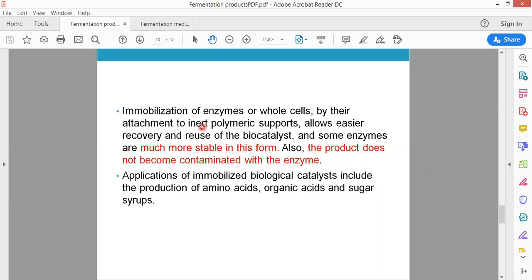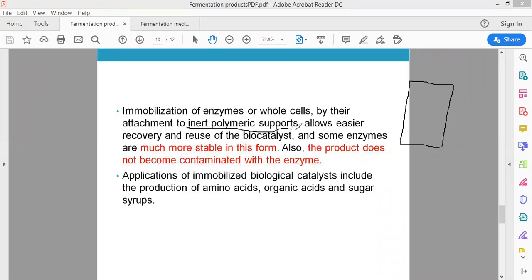You can simply imagine that there is a sieve, and that sieve has a surface which is coated with enzymes. So I'm going to draw, and I hope I'm making myself clear: you have, let's say, a support system, and I'm drawing a rectangular surface, which is the same inert polymeric support system that we are talking about here, right?